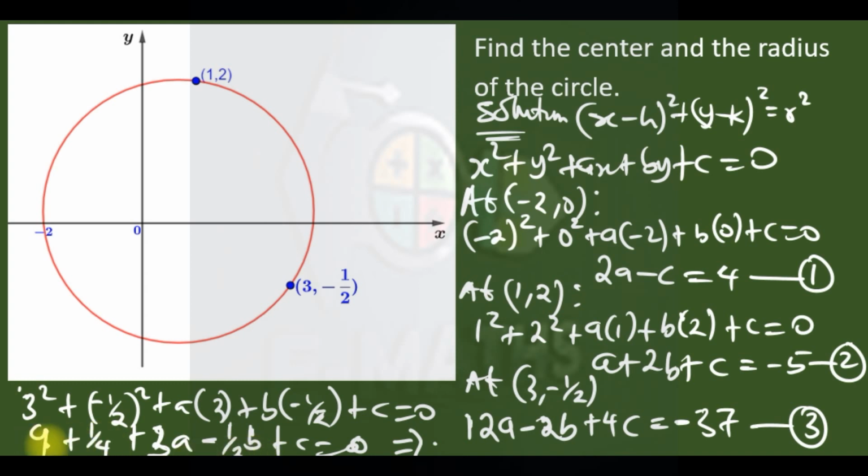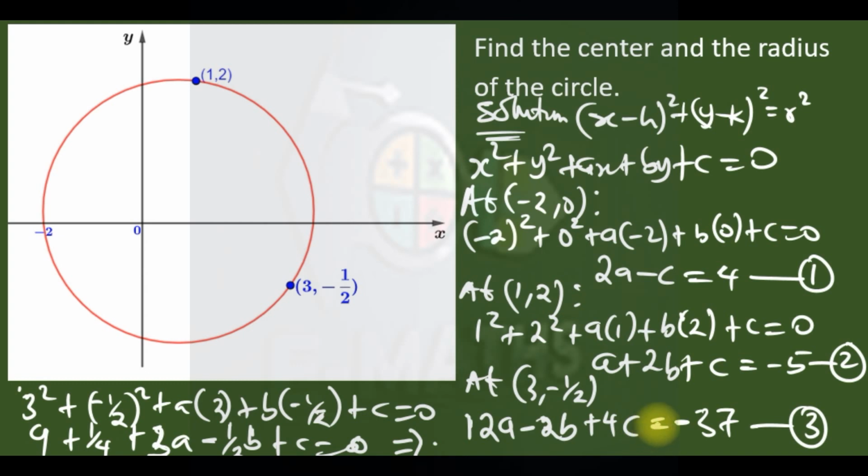So 4 times 9 is 36, 4 times 1 over 4 is 1, 36 plus 1 is 37. So going to the other side it is minus 37. 4 times 3a is 12a, 4 times minus half b is minus 2b, and 4 times c is 4c. So we have 3 equations.